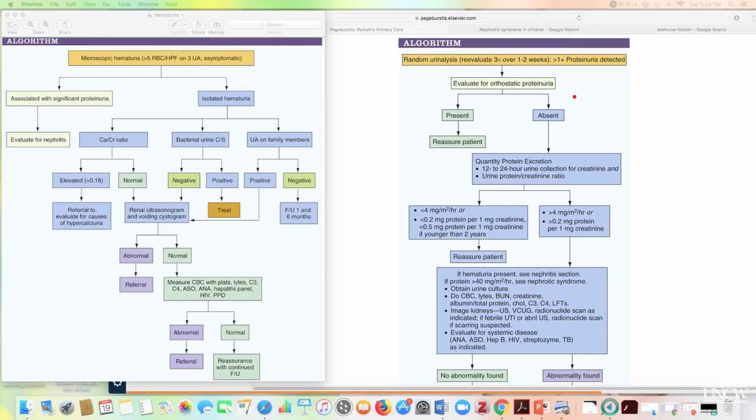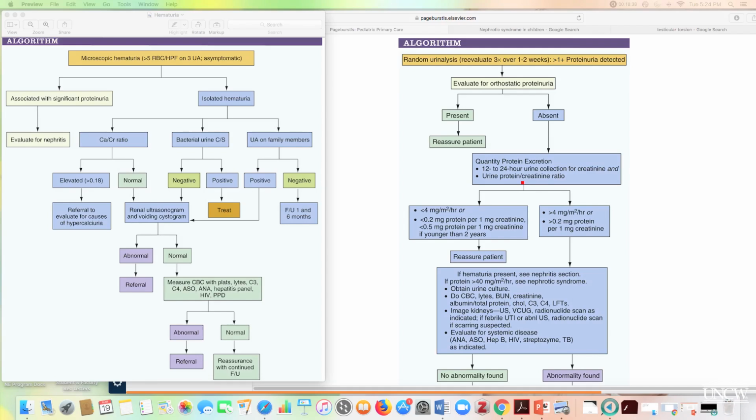So if you don't think it's orthostatic proteinuria, then you may want to get a protein creatinine ratio, or do a 12 to 24 hour urine collection, okay? This is where about 90%, 95% of the kids, I would even say, that you see with proteinuria is going to stop. Once you collect one or the other of these tests, a urine protein creatinine ratio is quite sensitive, and it's a great test.